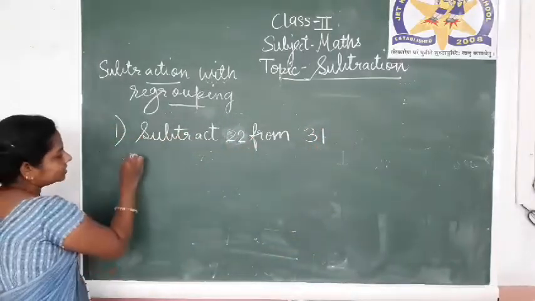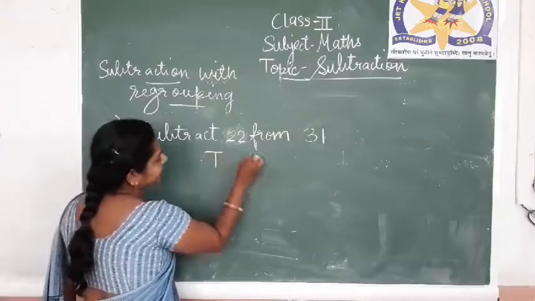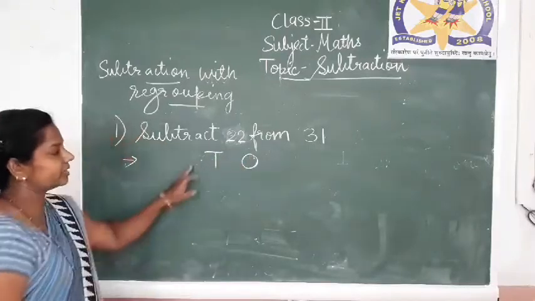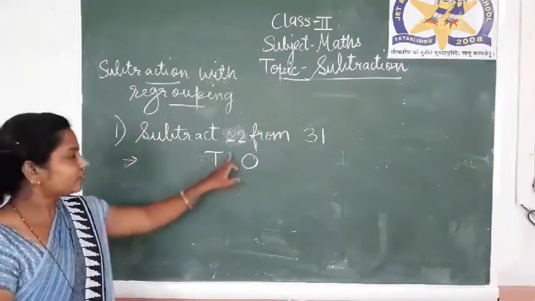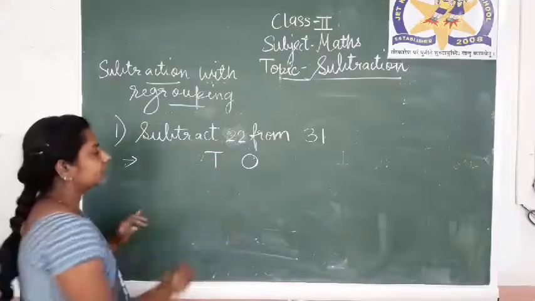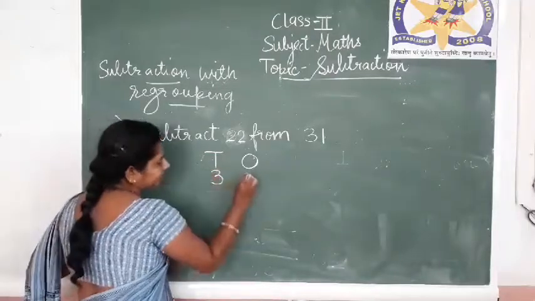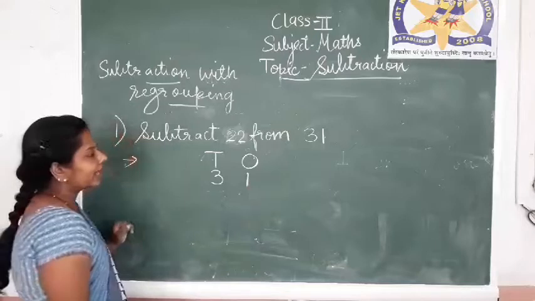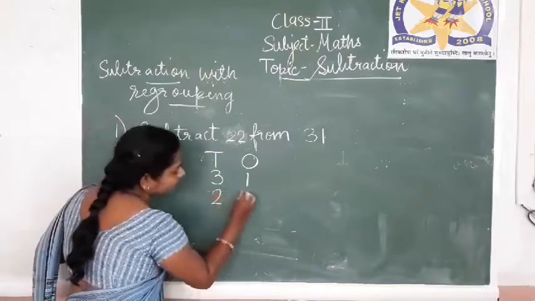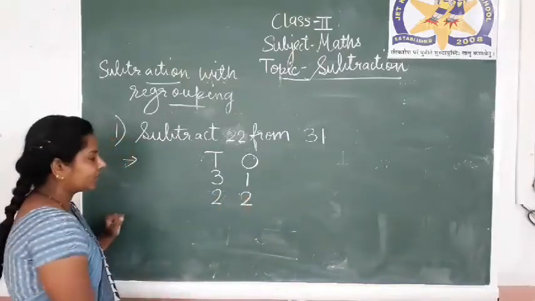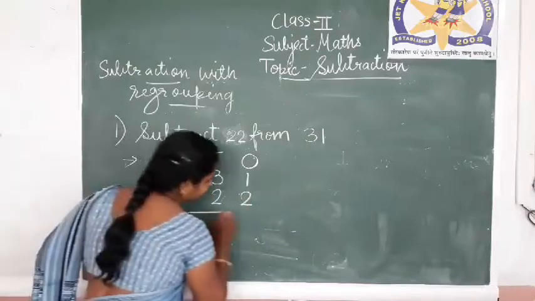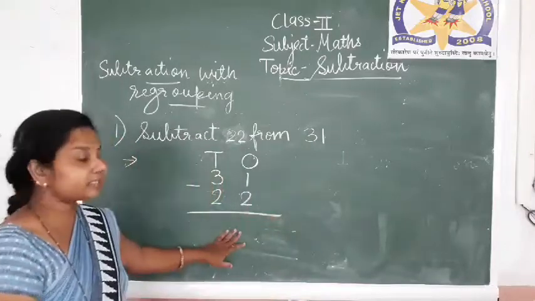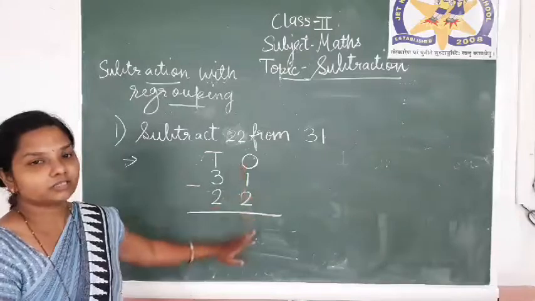First step is to make the columns of tens and ones. Arrange the numbers in the columns of tens and ones. So the greater number is 31, that will be written above, and the smaller number is 22, it will be written below. Give the minus sign and start subtracting from the ones column.